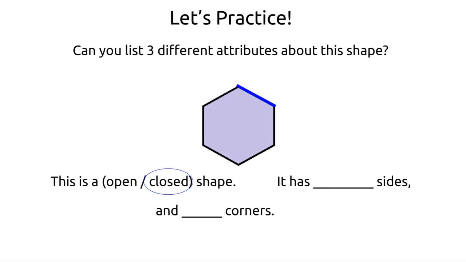It does have 6 sides. How many corners? Let's count them. 1, 2, 3, 4, 5, 6. Do you know what a shape is called that has 6 sides and 6 corners? If you said hexagon, you got it right. It's called a hexagon.